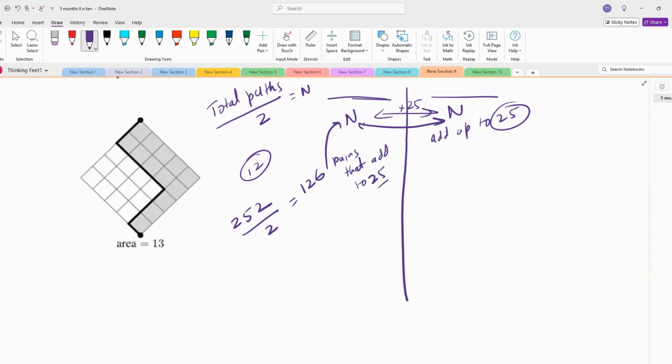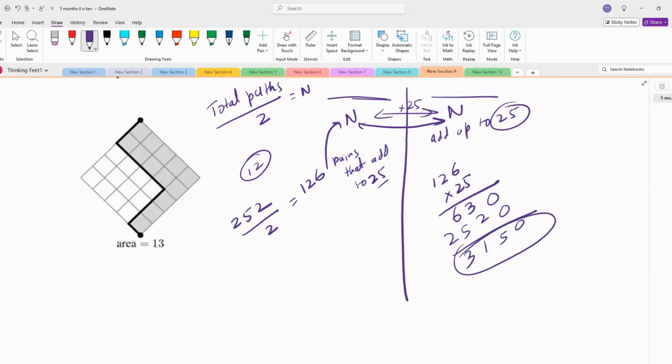There are 126 pairs of paths that add up to 25, which means my answer essentially is 126 times 25. $3,150.